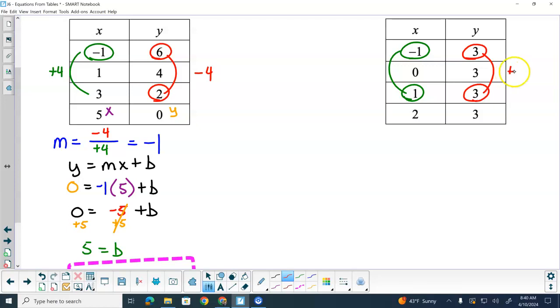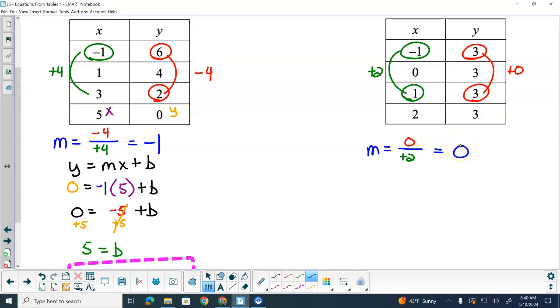We went plus 0 there. Yep. Green change. Adding or subtracting? Adding, yep, so plus 2. Okay. So my slope then is going to be 0 over 2. 0 divided by 2. Just 0. Yep, exactly.